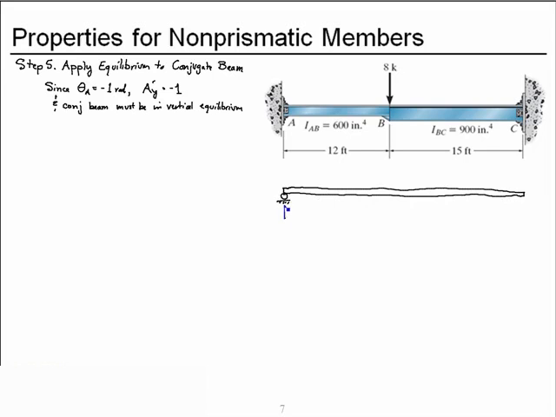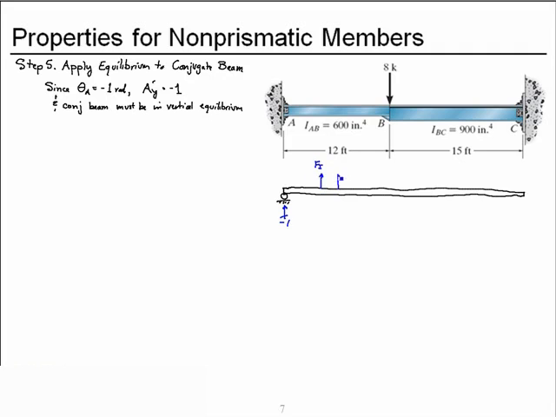We know that the shear in the conjugate beam at A, therefore the vertical reaction, is -1. And we have 1/3 of the way across the 12 feet was force 1.